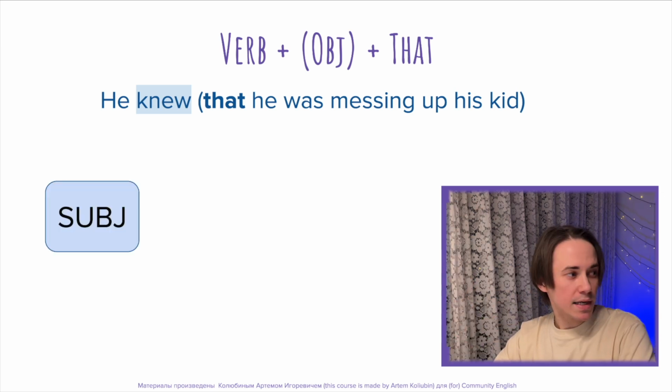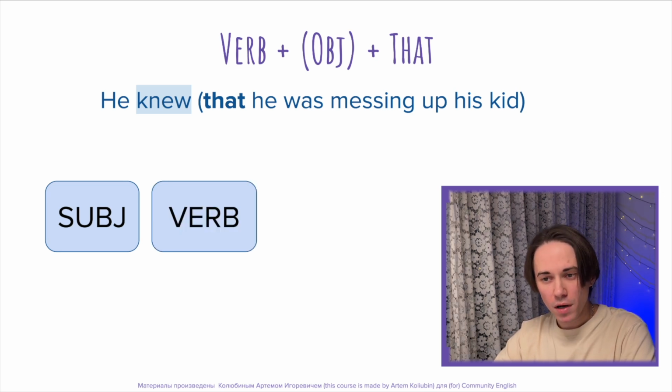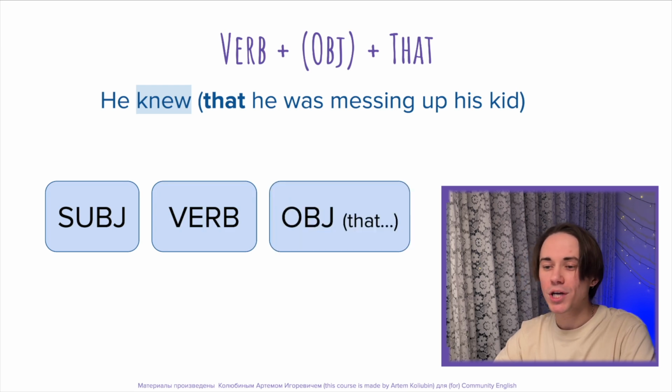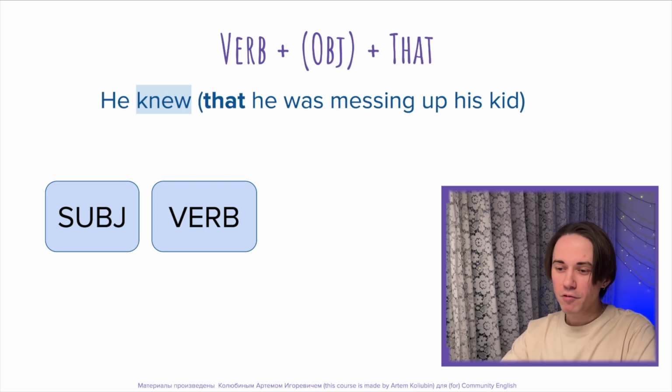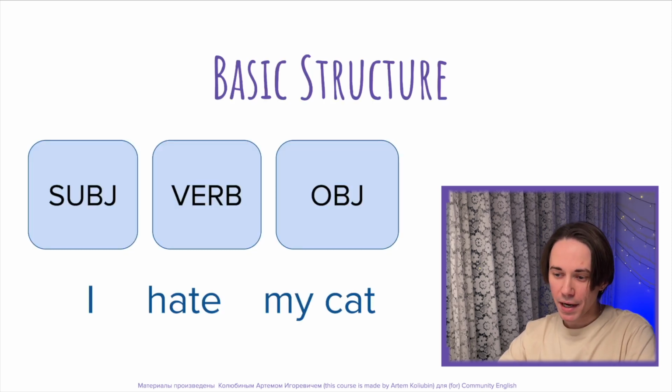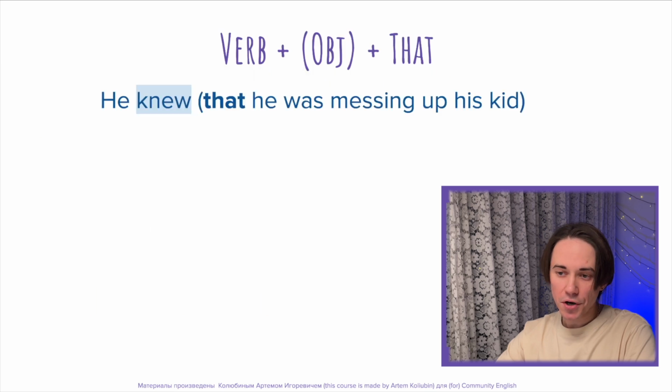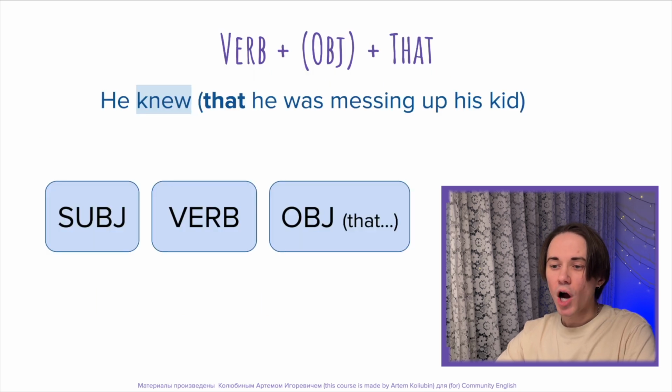So in this case, subject, like he, and then we have the verb, which is knew, right? So he knew. And then the object is this entire that part. So if we go back, we'll see that the object is my cat. So here, right? The object is this entire that part.